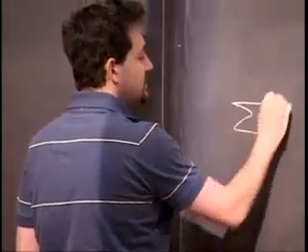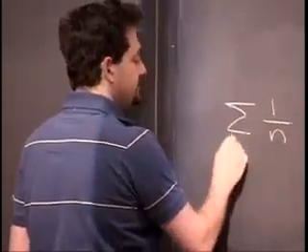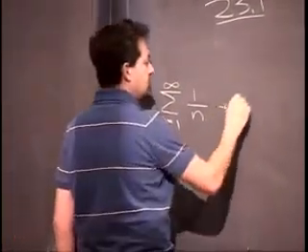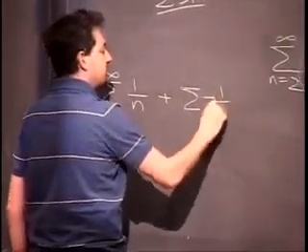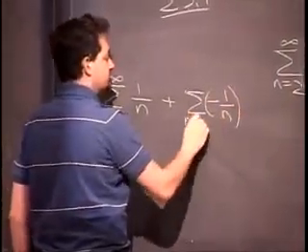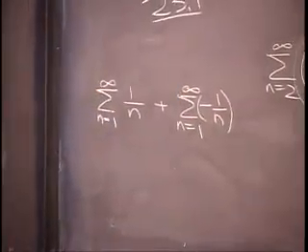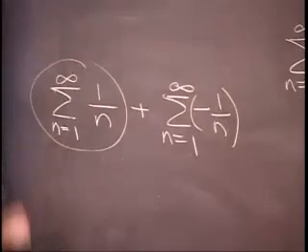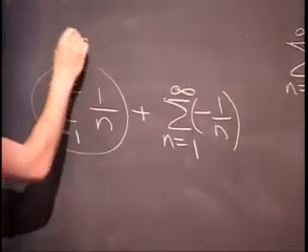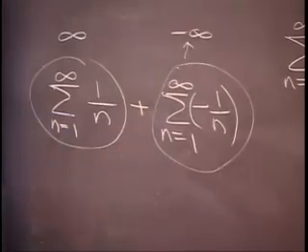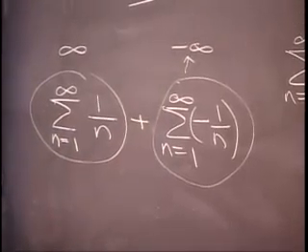Consider just the sum of 1 over n plus the sum of minus 1 over n. Well, I've already said that that diverges to infinity. And this clearly diverges to minus infinity. And you can't add up infinity and minus infinity.